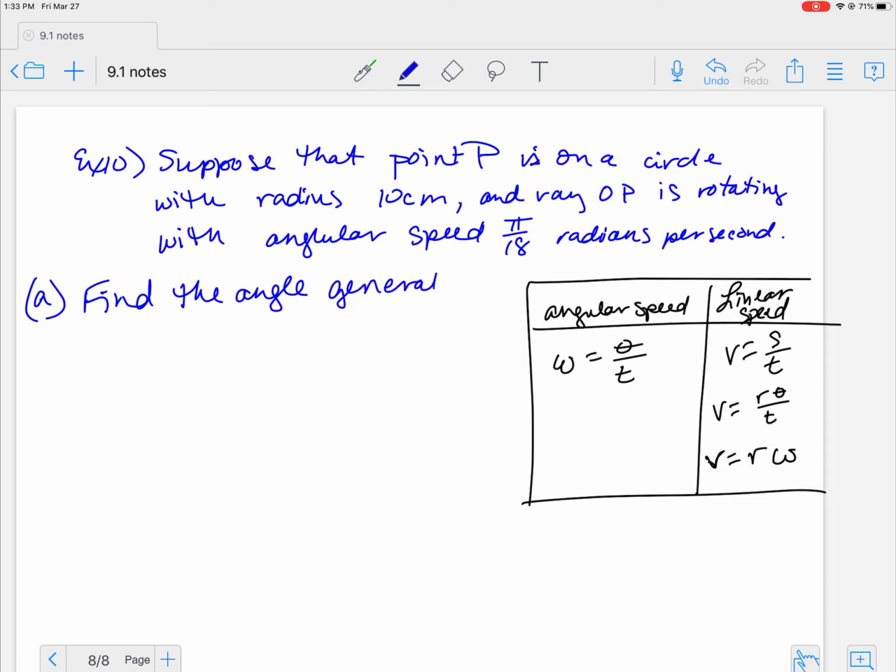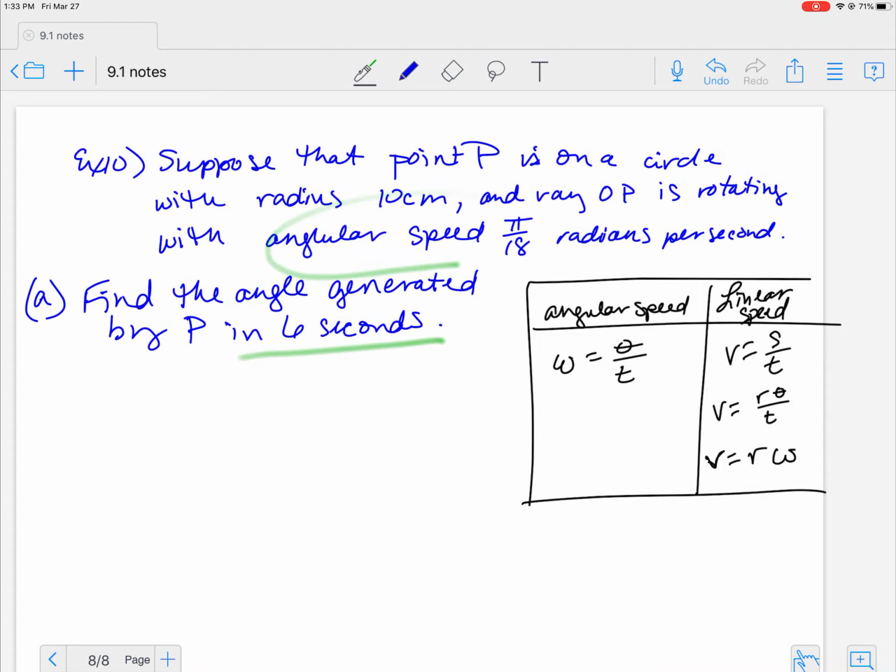The first thing that we're going to do is find the angle generated by P in 6 seconds. All right, I am given angular speed.